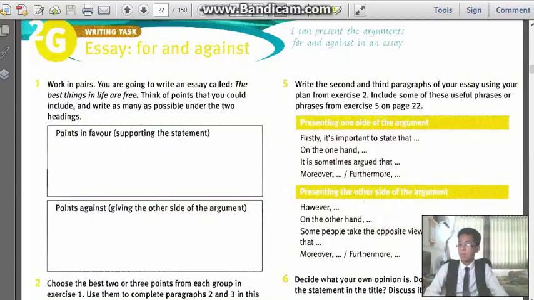Family, yeah, family love. Also sharing and caring. When you live in a family, as a family member, you need to look after other people in your family, your dad, your mom, and those people. We need to talk to them, take care of them, and be polite to them.